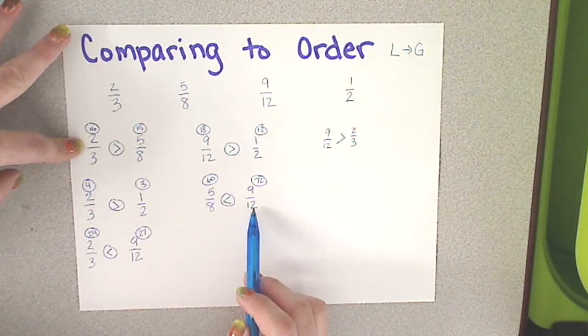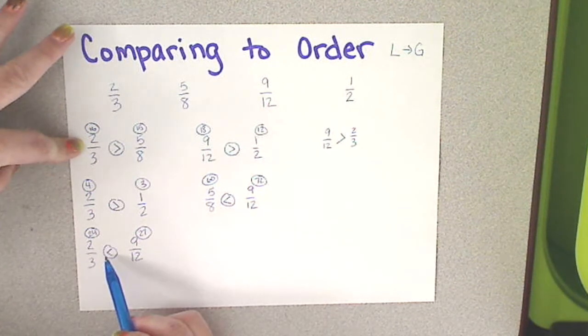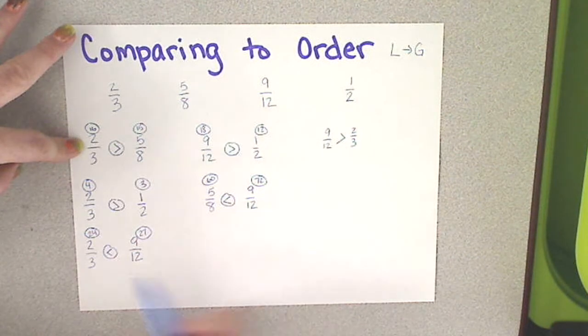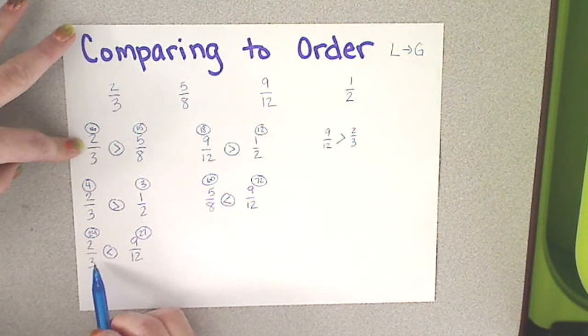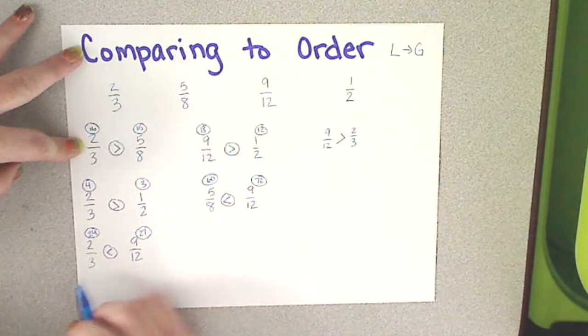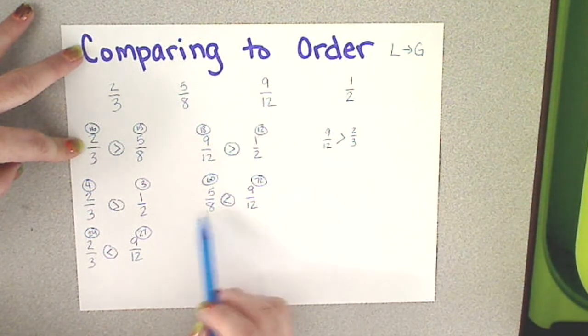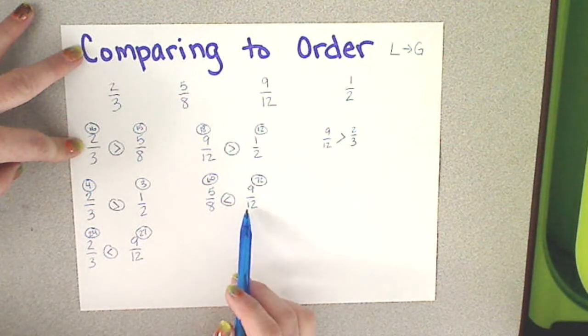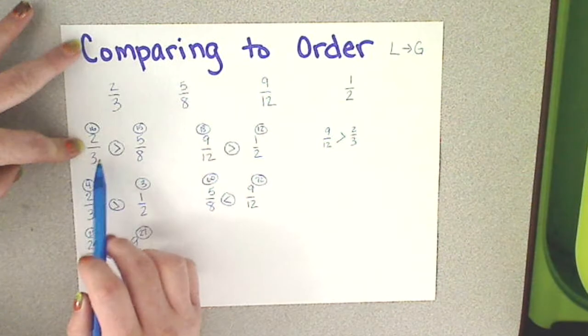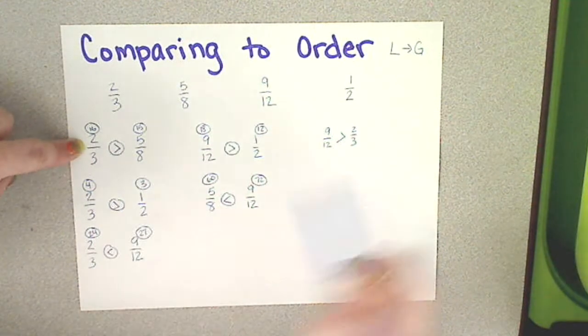Did I compare 9/12 to 2/3? Yes. Well, in this case, 9/12 was greater than 2/3, which we've already got here. I'm sorry, 5/8 was less than 9/12. And then we also figured out that 2/3 was greater than 5/8.